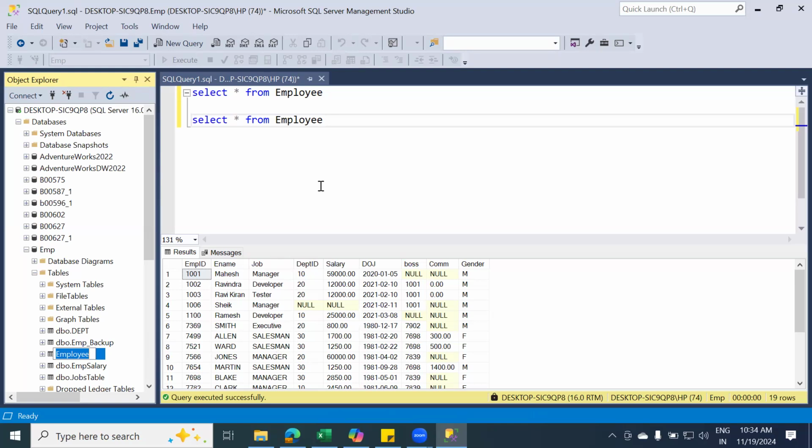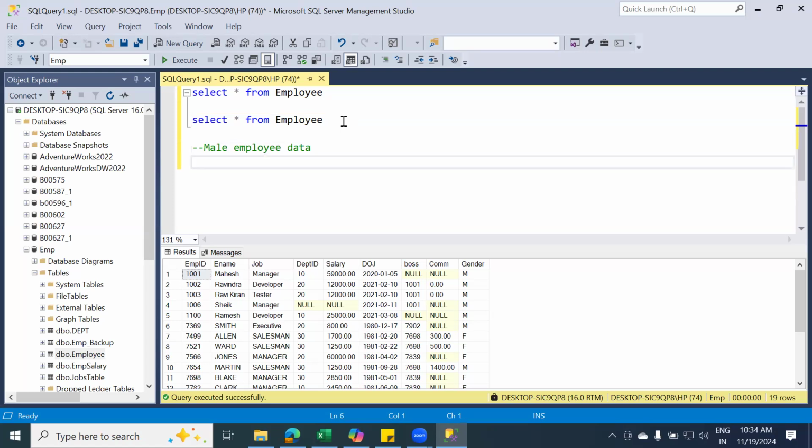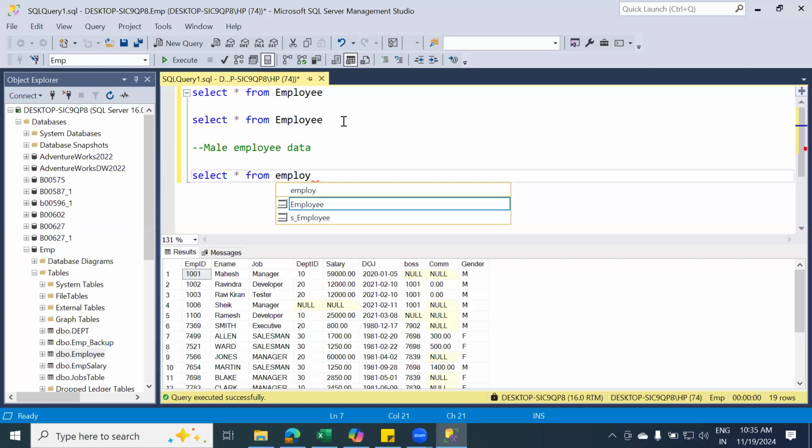For example, let's say somebody asked you to extract male employees data. Only male. And we write a query like this: select all from employee, where, can I see the gender here? So this is the gender what we have. The header is gender.